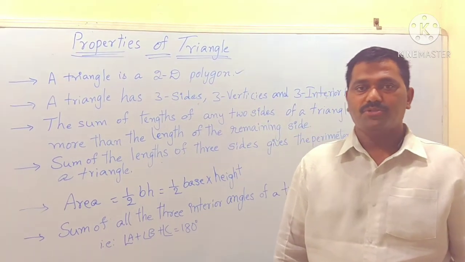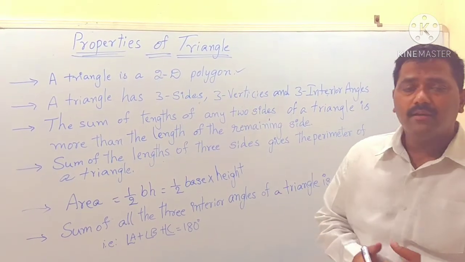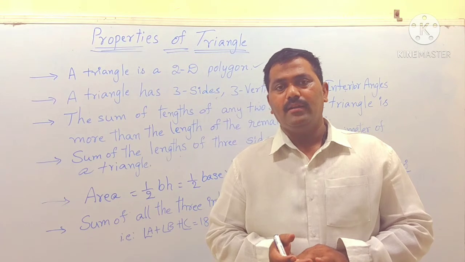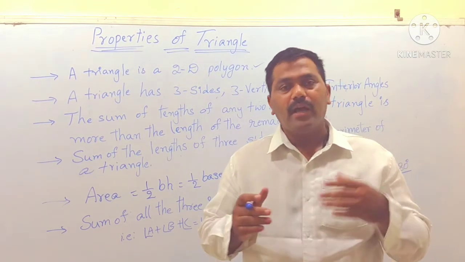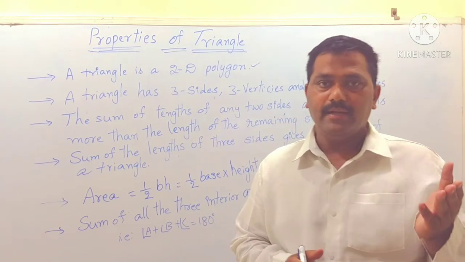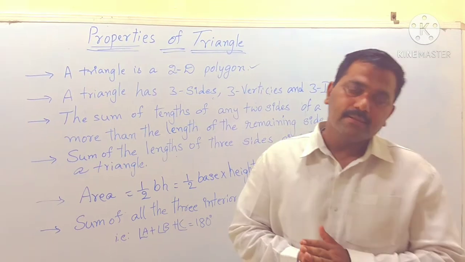Properties of a triangle. What is triangle? Triangle is a 2D polygon. A triangle has three sides, three vertices and three interior angles.